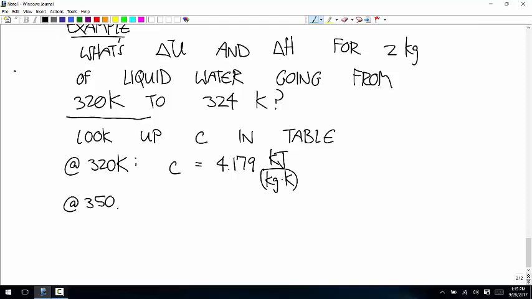At 350 Kelvin, I don't have it written down, but it's like 4.181. You know, the difference is really small compared to the way the other things are changing. And so we're just going to treat this as constant over this entire range. This is a tiny difference.